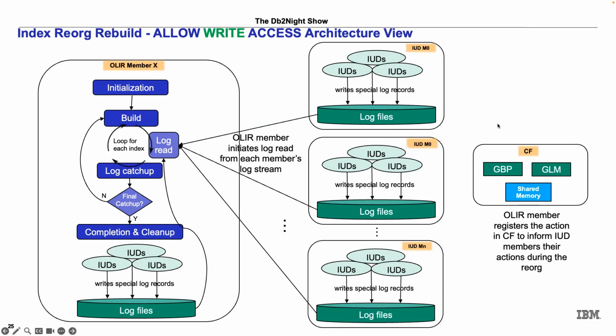Next, this is the architecture view of allow write access. So the previous 2 slides are the flow per timeline. This one is the per-cluster architecture view for the allow write access of the index reorg rebuild. Same as before, the reorg can start on any member.